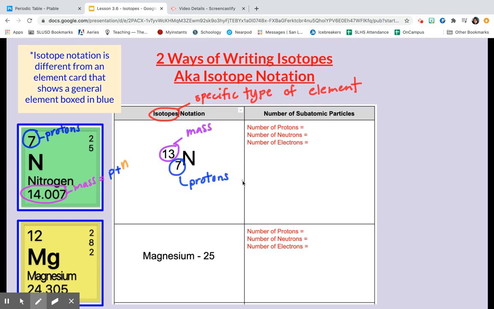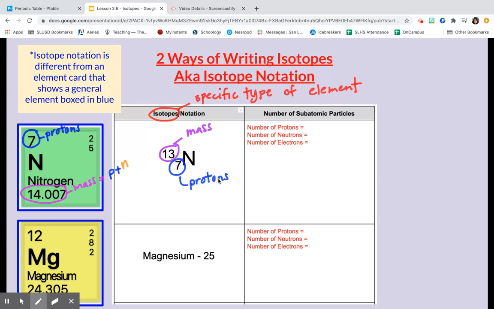These two examples come from your homework. If I give you one specific isotope notation, how do I figure out how many protons, neutrons, and electrons there are? Well, it's the same thing as we did with the periodic table, just flipped, right? This one is on the bottom instead of the top, and this one's on the top instead of the bottom now.